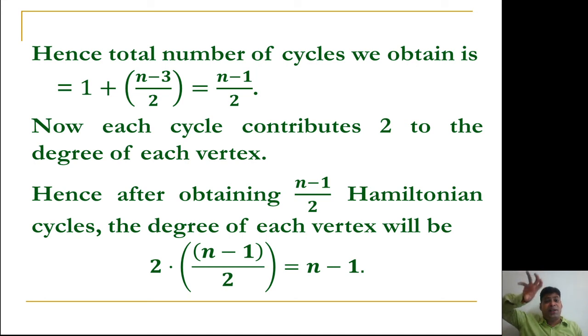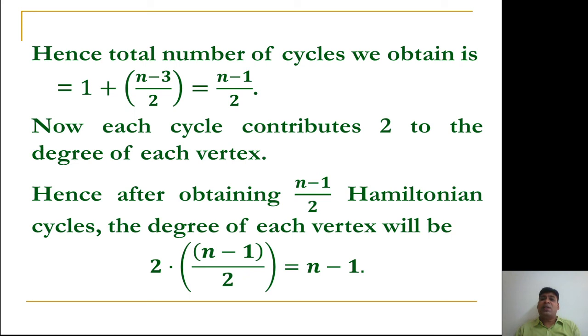So it's 1 plus (n minus 3) by 2, and the number goes to (n minus 1) by 2. So at the stage of (n minus 3) by 2 rotations, we already got (n minus 1) by 2 edge disjoint Hamiltonian circuits. Now why not more? Why will only (n minus 1) by 2 be the fixed number that we are having? And why are we not getting more than this?